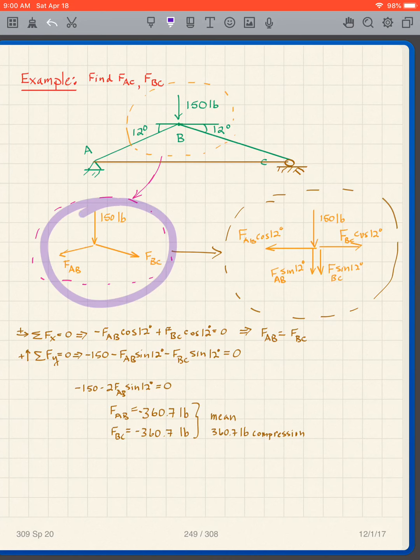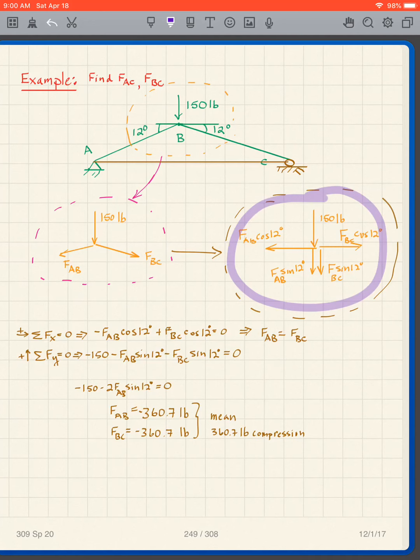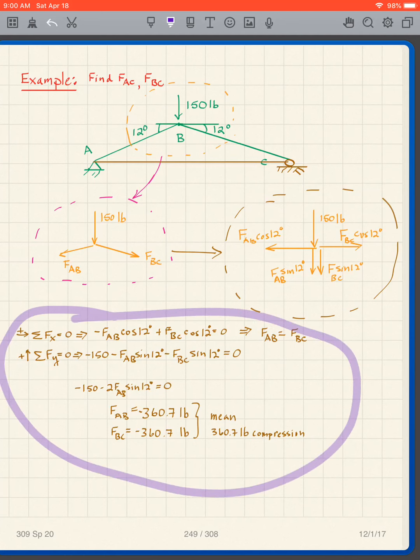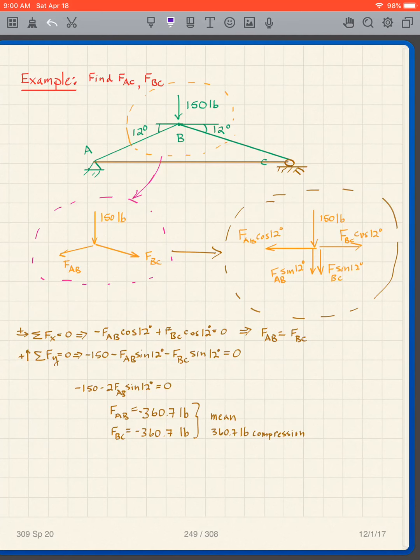I create that free body diagram by looking at that point, and I then convert it to this free body diagram, and I get these equations, and I solve it in the same manner. So take a look at that.